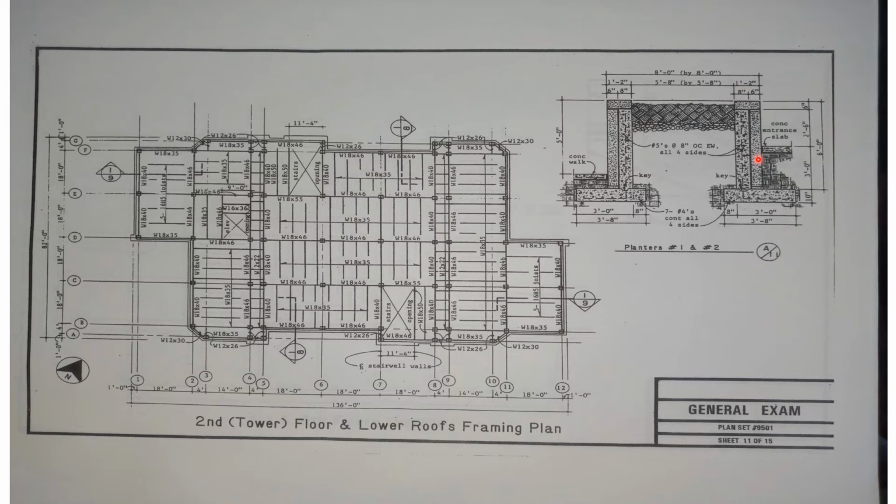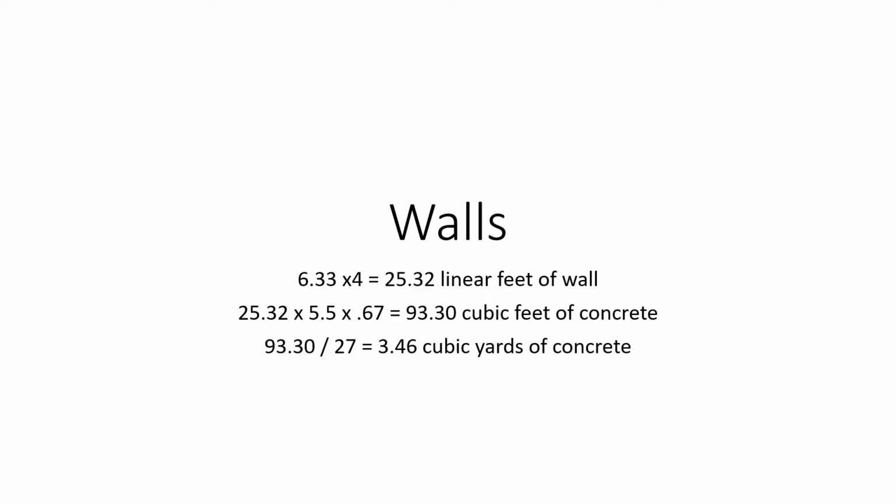All right, well, we have the three dimensions that we need to calculate the volume, cubic feet, cubic yards. Of course, we're always talking about cubic yards in concrete. So the wall, 6.33 was the length of one wall, times 4 equals 25.32 linear feet of wall.